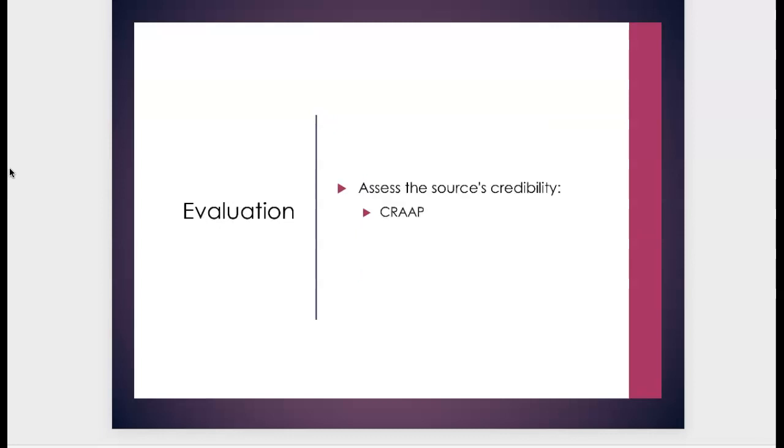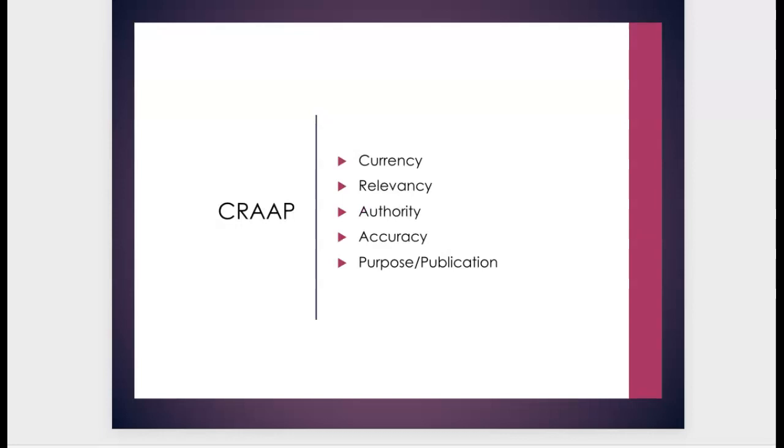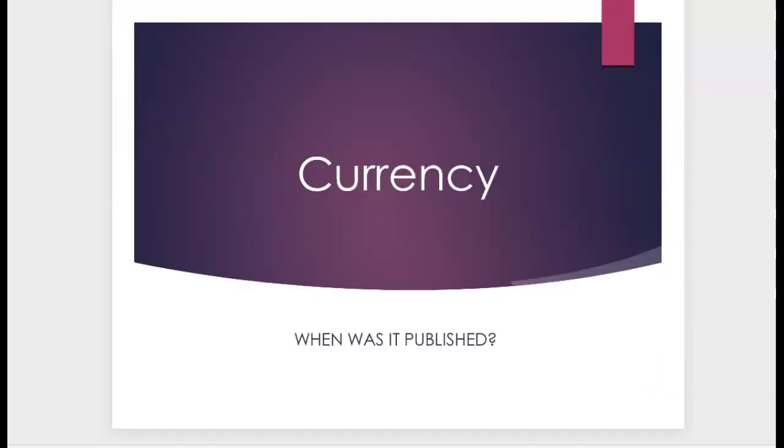Beyond figuring out the usefulness of a source, you really want to assess the source's credibility. And the easiest way to do that is to think about the CRAP test. Get your CRAP together. And this acronym stands for all of the items you want to identify and address in the annotation, beginning with currency.